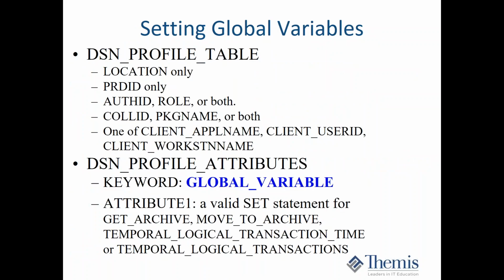For example, global variables. Not only special registers, but as of version 12, I can also set the global variables. Global variables, those are the ones that were added in version 11 to control your archive-enabled tables.